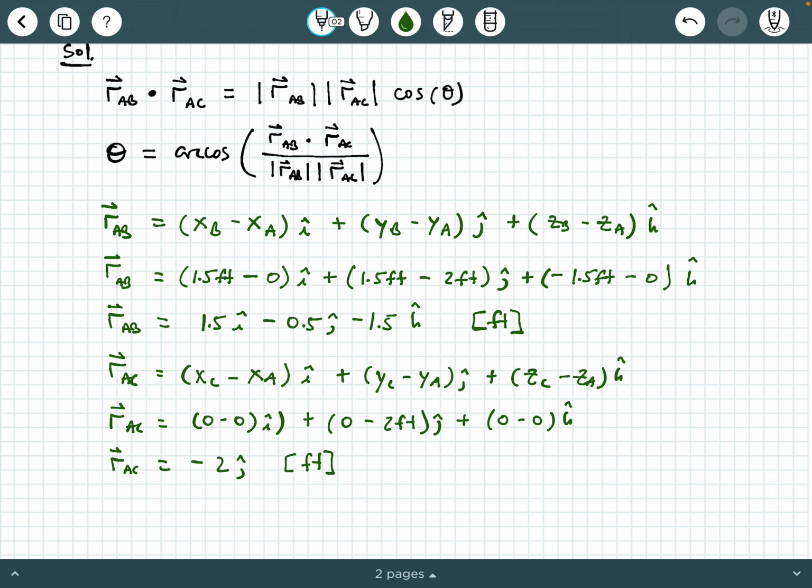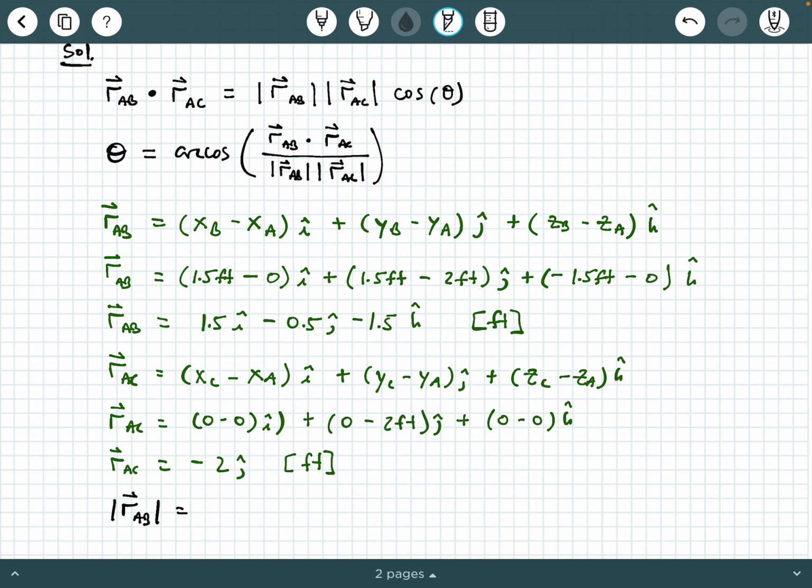And so now I've got my two Cartesian position vectors. Here's R_AB and here's R_AC. Now, before I enter into this relationship to get theta, I'm also going to need those magnitudes. So let's go ahead and get those. The magnitude of R_AB comes from applying the Pythagorean theorem to position vector R_AB. So I'm going to do that in my calculator.